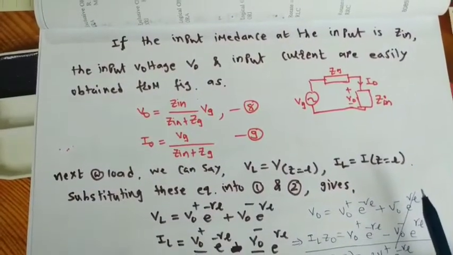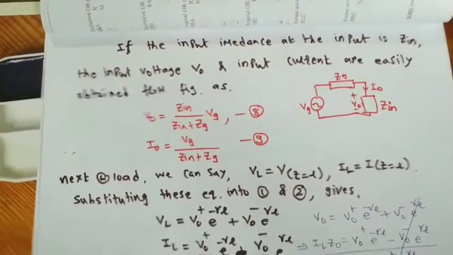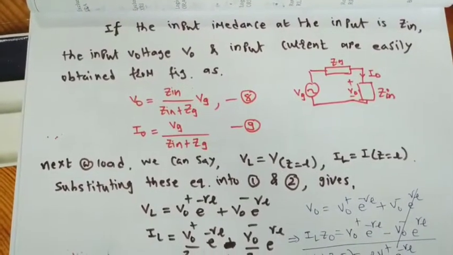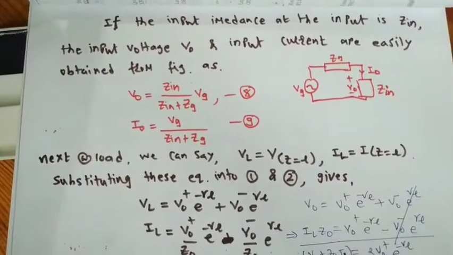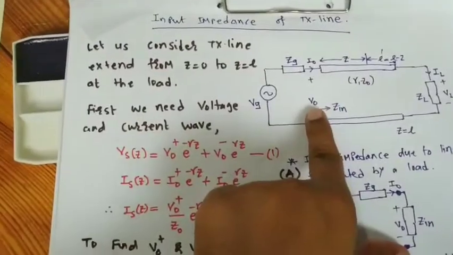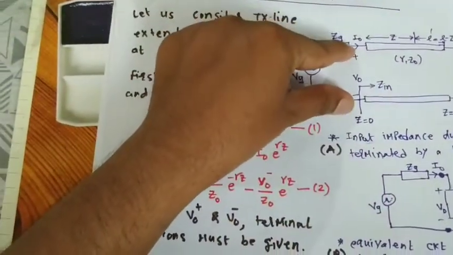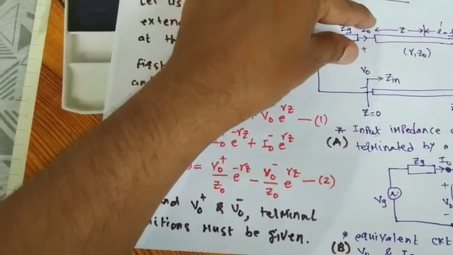Now let us try to find V0 and I0. First of all, we know that the input impedance at the generator side is nothing but the voltage established across it over the current flowing.